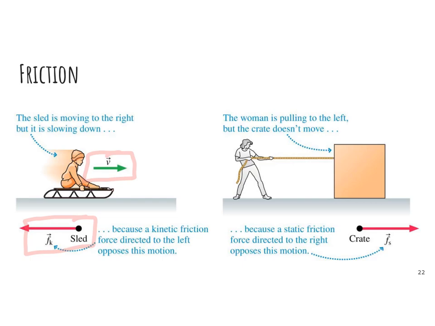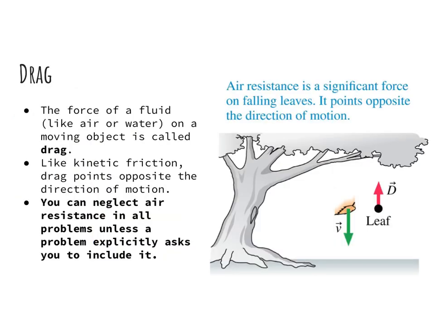Right here, we have a tension force going to the left because she's pulling with the rope, and then we have the static friction. In this case, it's not moving. But we have static friction opposing the pull to the left, and in this case, these two are equal and opposite. We'll talk more about that later as well.